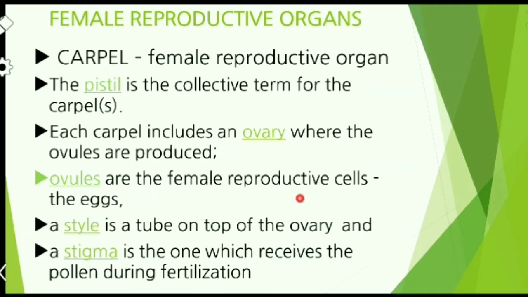Ovules are the female reproductive cells, which are nothing but the eggs. There is also a style, which is a tube on top of the ovary, and a stigma, which receives the pollen during fertilization. So basically, carpel consists of ovary, ovules, style and stigma.